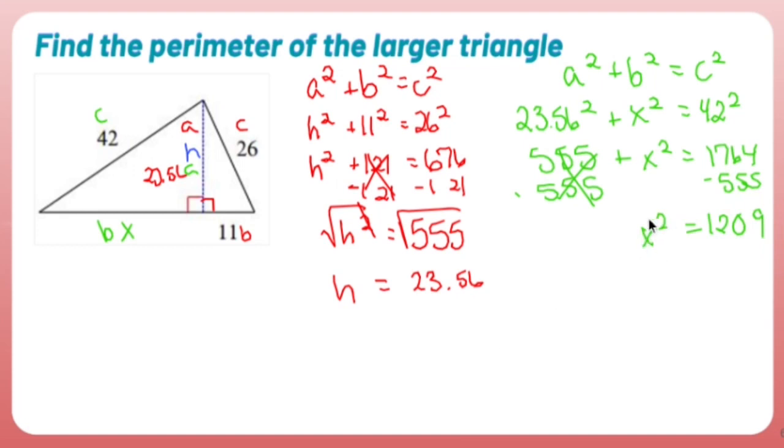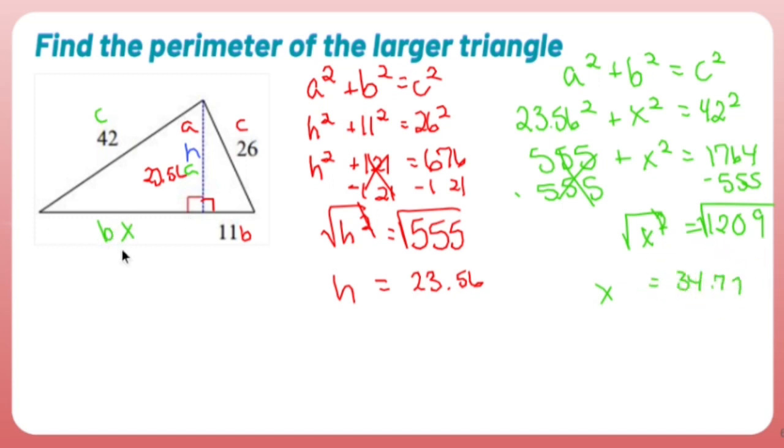Is x all by itself? No. Squared's in the way, so let's square root both sides. No clue what the square root of 1209 is, so I'm going to go off to the side. It's gross. It's 34.77067731. So I'll put 34.77.